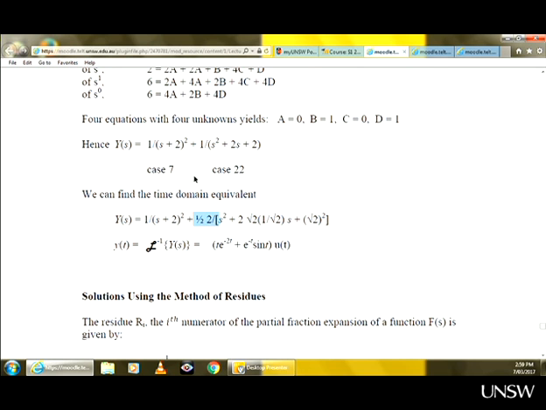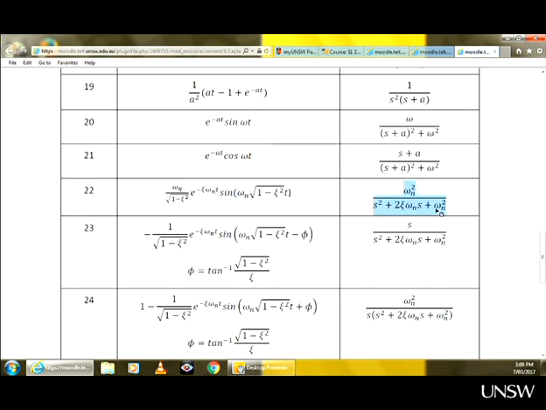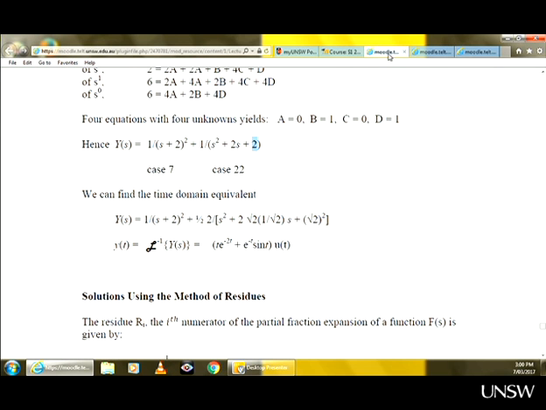Now, I'm also going to condition this denominator so it looks like the denominator in the tables. I'm going to start with this coefficient. So I'm comparing 2 with omega n squared. So omega n must be equal to square root of 2, if those two are equal. So I have square root 2 squared.